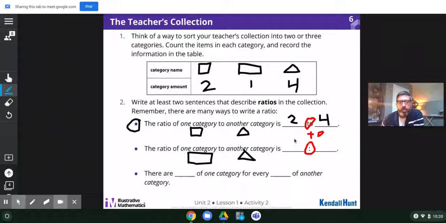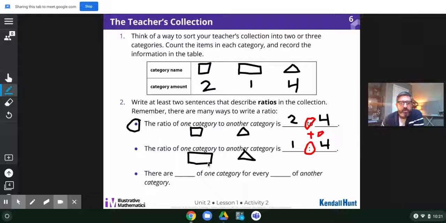1. We have one rectangle. And 4. 4, correct. So the ratio of rectangles to triangles is 1 to 4. How do we know that? We go back to our table. We know we've got one rectangle, and we know we have 4 triangles.